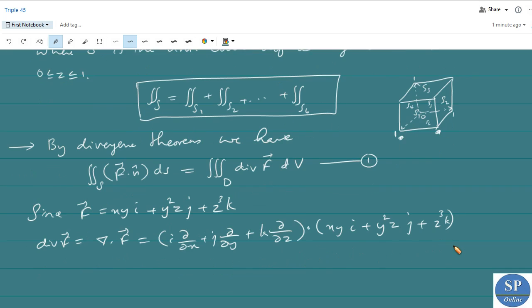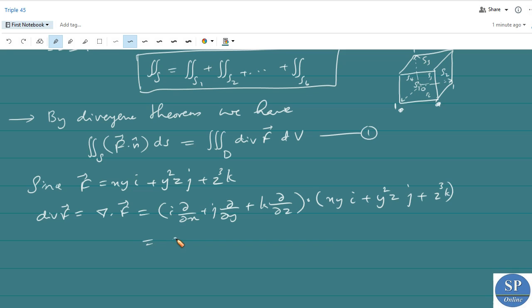Clear? So which is nothing but dou by dou x of the first component xy plus dou by dou y of the second component y square z plus dou by dou z of the third component z cube, right?